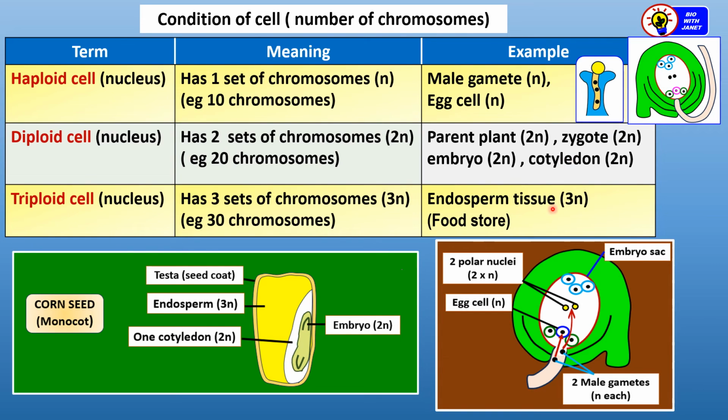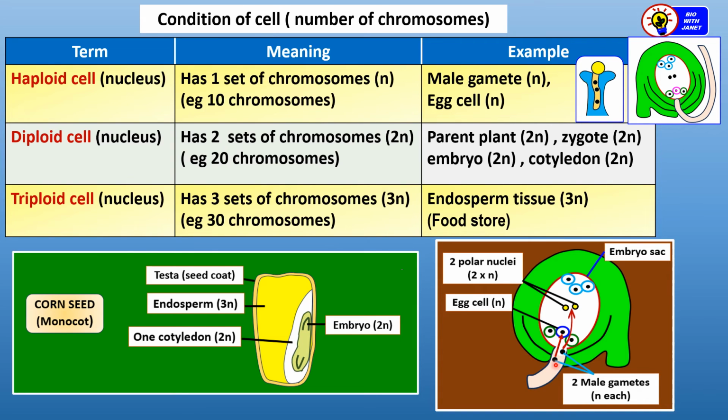Then the triploid cell undergoes mitosis to form a lot of cells which are also triploid. So this will form the endosperm tissue which stores the food. All right. So here we see the formation of the triploid nucleus when the male gamete fuses with the two polar nuclei, okay, to form the triploid endosperm nucleus.